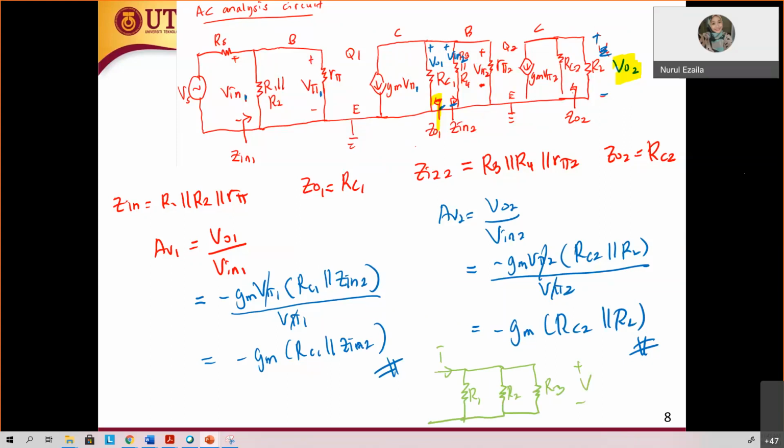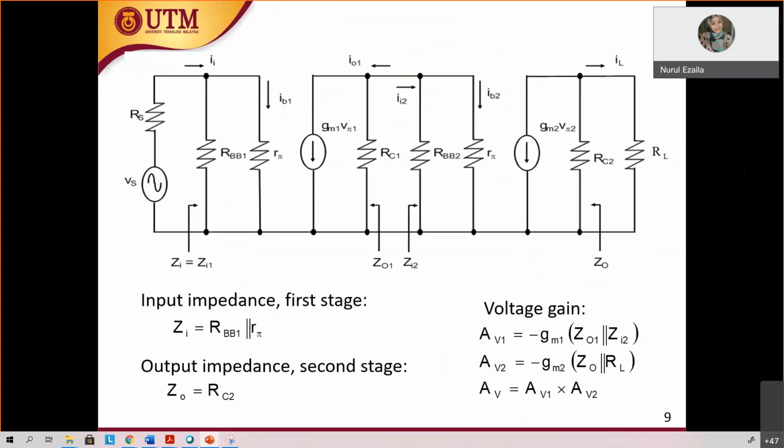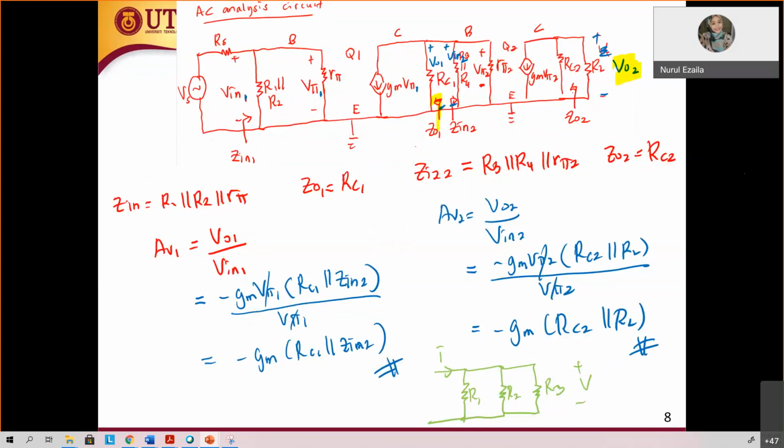The voltage across R3 is equal to the voltage across R2, equal to the voltage across R1. If you parallel these three resistors, the voltage across it is still the same because it is a parallel resistor. Same goes to here. All these are in parallel, in the same node at the top and the same node to the ground at the bottom. That's why you have to parallel all the resistors across the node when you find the voltage.